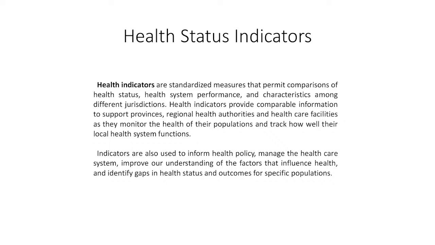Indicators are also used to inform health policy, manage the healthcare system, improve our understanding of the factors that influence health, and identify gaps in health status and outcomes for specific populations.